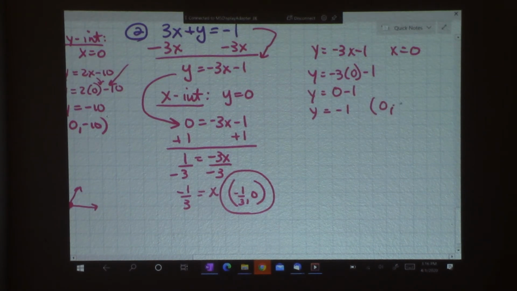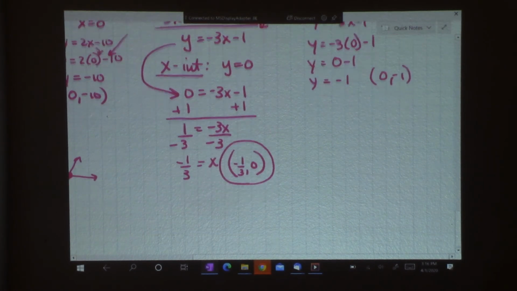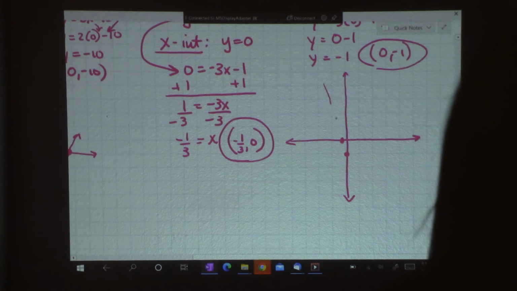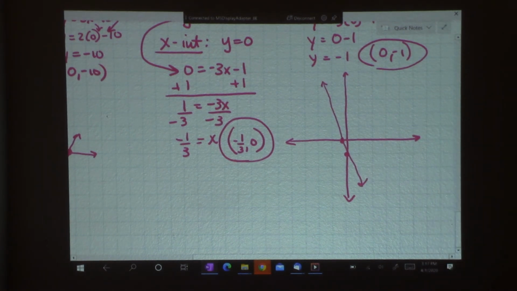So I end up with 0, negative 1. And let's see. 1/3, that's probably about right there. And then 0, negative 1. So it's very steep. And that's my answer.